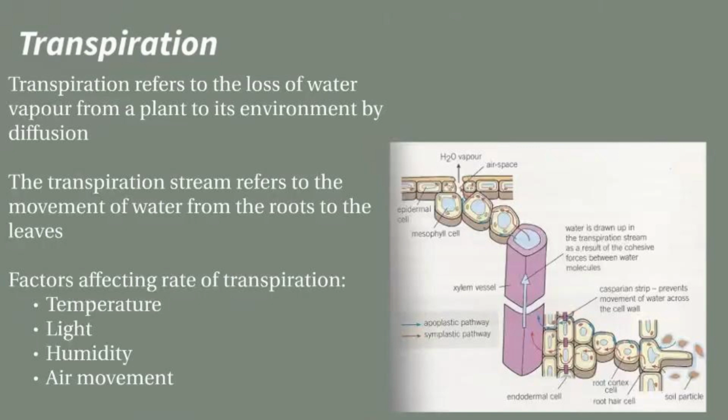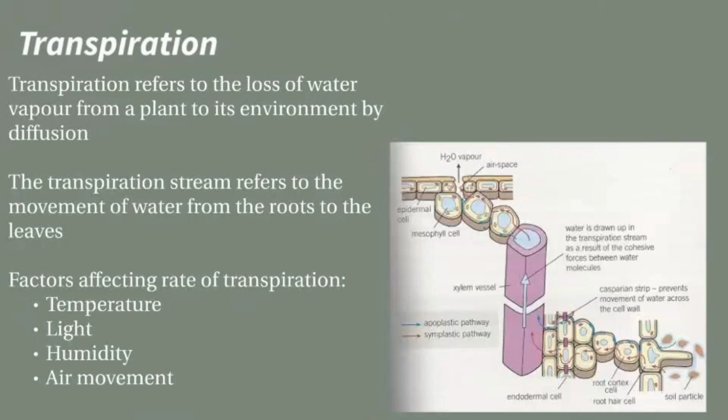So you need to remember that water vapor diffuses out through the stomata, and that it evaporates from the mesophyll cells into the airspace in the leaves. I'm going to go over this again just to make this clear, and also link in something from the previous lesson.